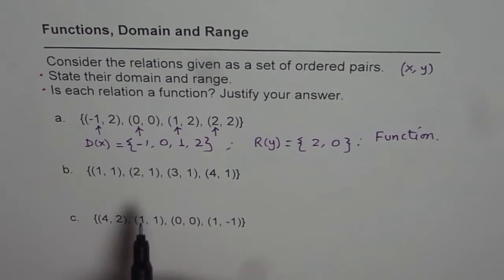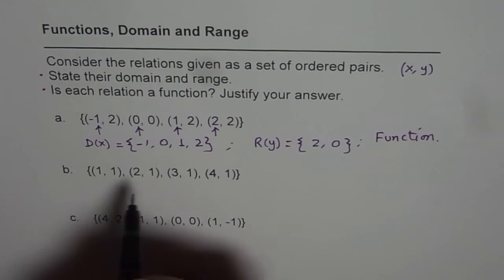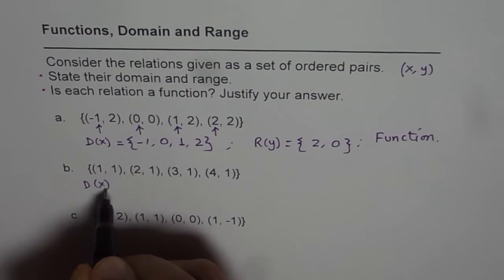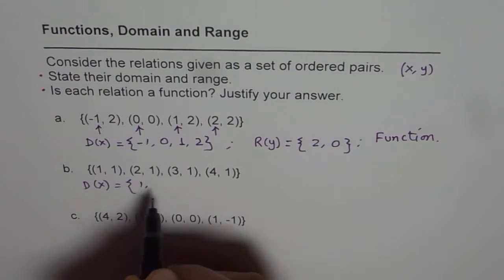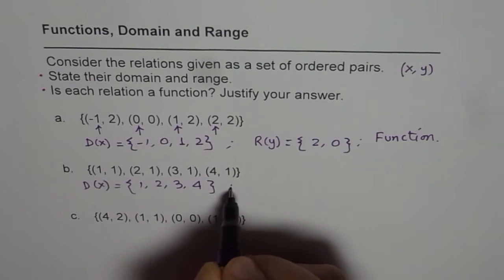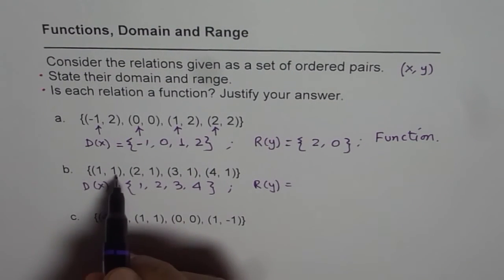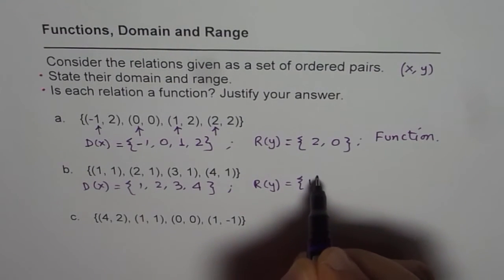Now let's analyze the second set of ordered pairs. What are the elements of the domain? Domain is 1, 2, 3 and 4. How about range? The y values will be 1, 1, 1 and 1, so this is just 1.